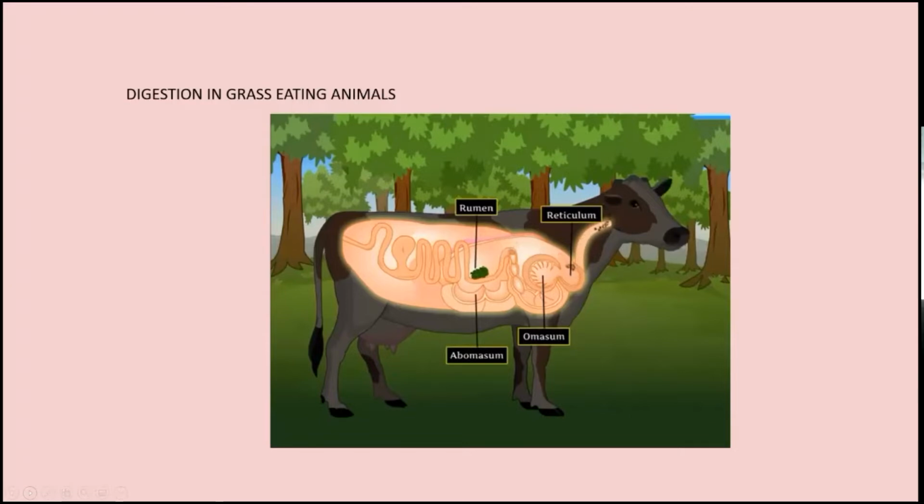The process of chewing the cud is called rumination, and animals which chew the cud are called ruminants. The rechewed food is swallowed and sent into the omasum, the third and the smallest chamber of the stomach, to absorb excess water from the food. In the omasum, the food is broken down to even smaller pieces. This is then sent to the last chamber, abomasum, which is also called the true stomach.